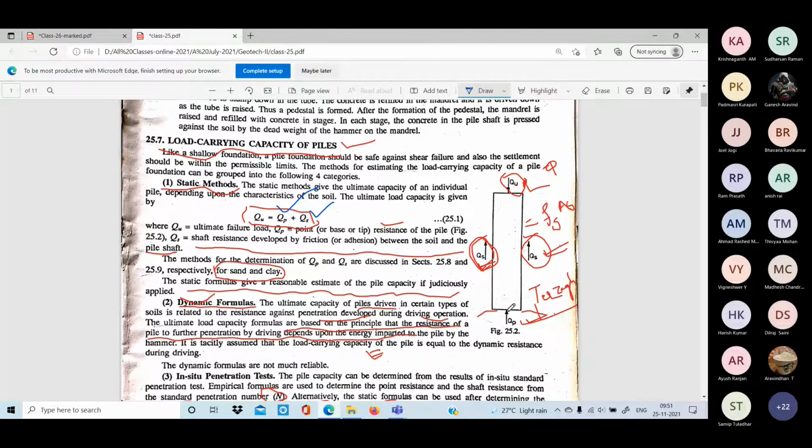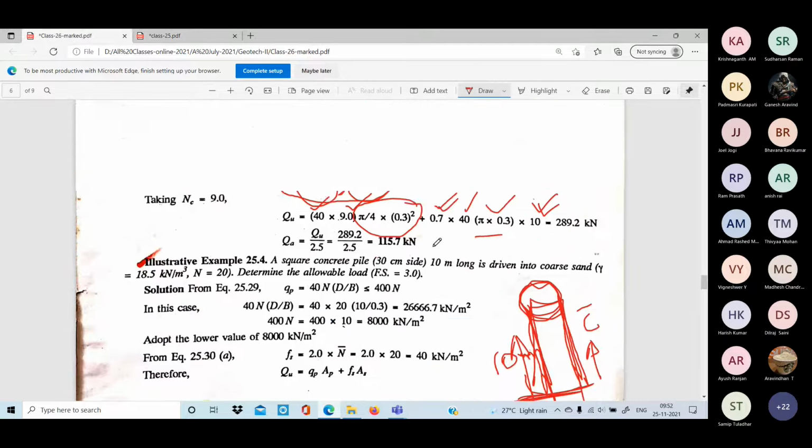Whatever Q you are calculating depends on both of these. If you remember only this one formula, that is more than enough for this whole pile chapter. So how to calculate QP and QS for clay soil and sandy soil? If you learn it, then you can get the ultimate load. That's what is given here.